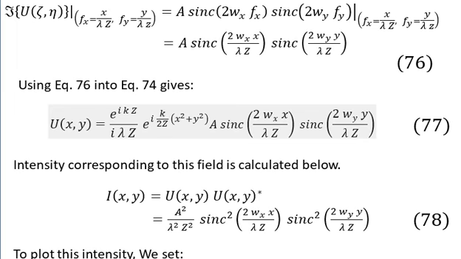So A multiplied by sinc of 2wx into x over lambda z and sinc of 2wy into y over lambda z. So equation 77 is the Fraunhofer field at the output plane.